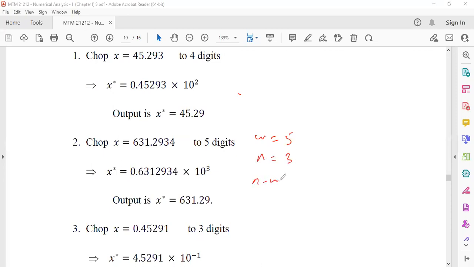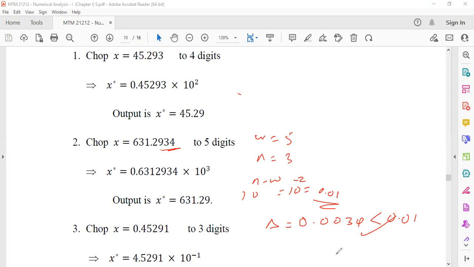Therefore, 10 to the power N minus W, 10 to the power minus 2, 0.01 will be the tolerance. Then our delta will be, if you take out this much of difference, 0.0034. Okay. So it is obviously less than 0.01. Therefore, we can accept. Okay, good.